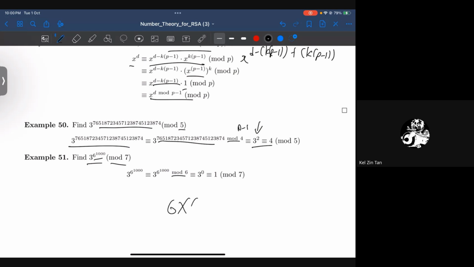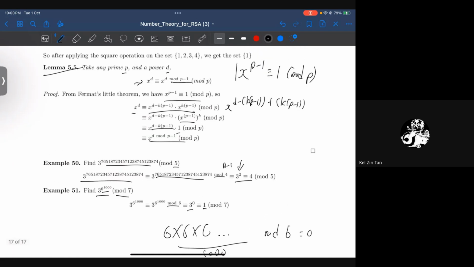Because 6 times 6 times 6, for 1000 times, modulo 6 is just 0. So 3 to the power of 0 is 1.